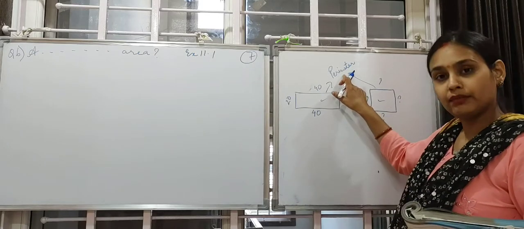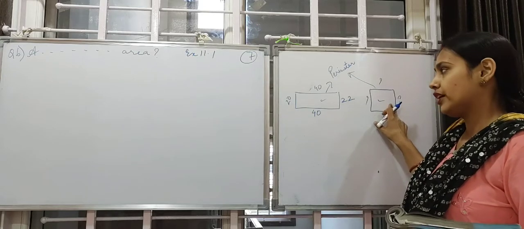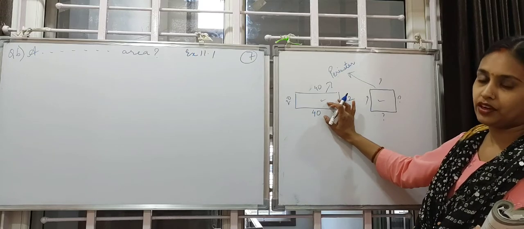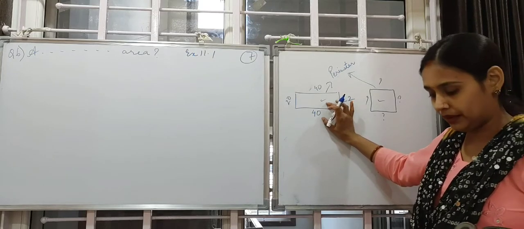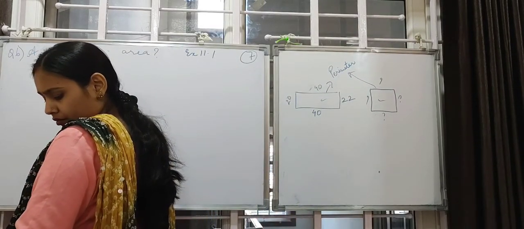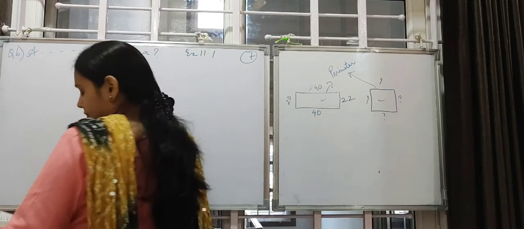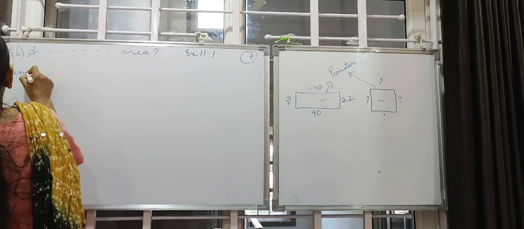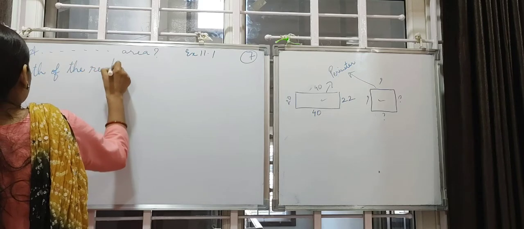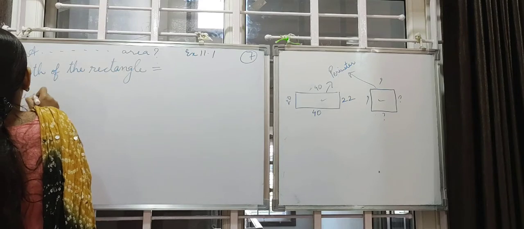So from the perimeter we will find the sides and then we find the two areas and we compare the two areas. So first and foremost, what is given? The length and breadth of the rectangle is given. So we are going to write that and find the perimeter and then we go ahead.